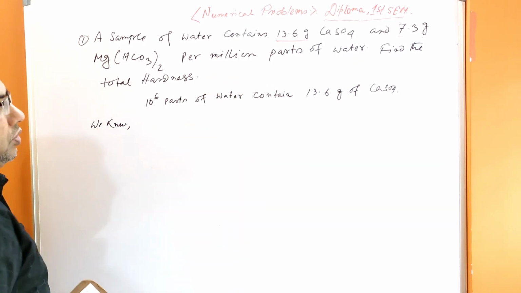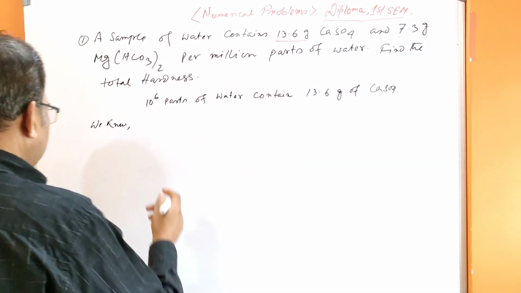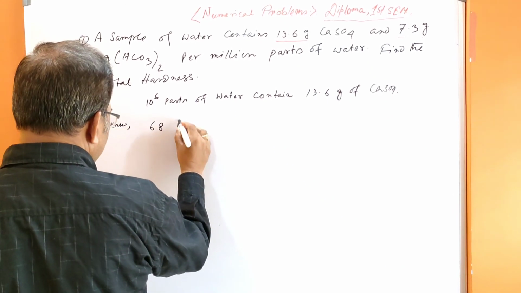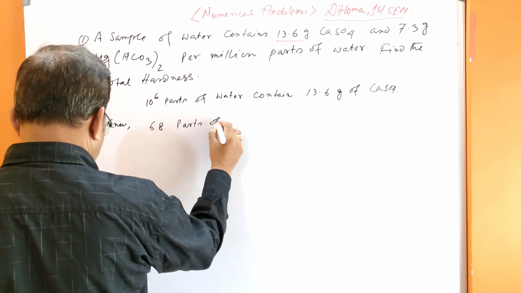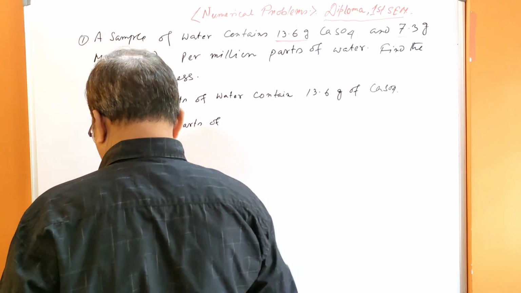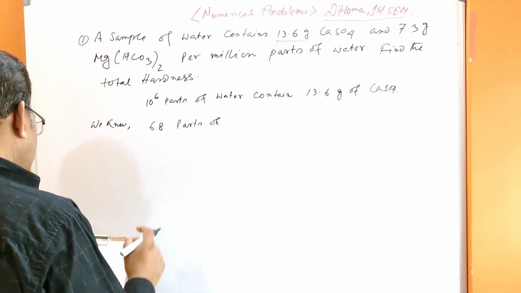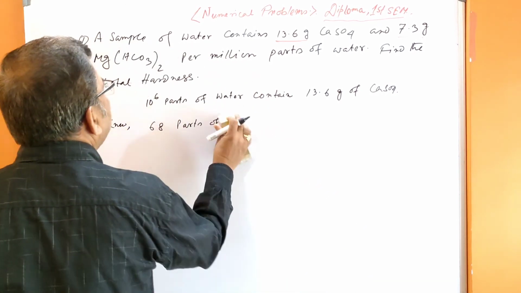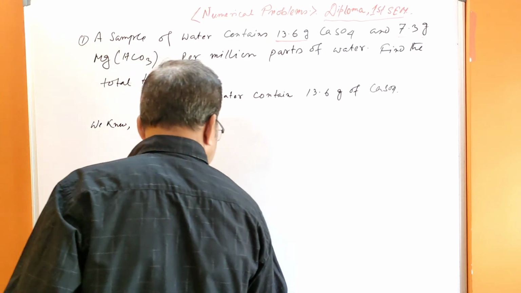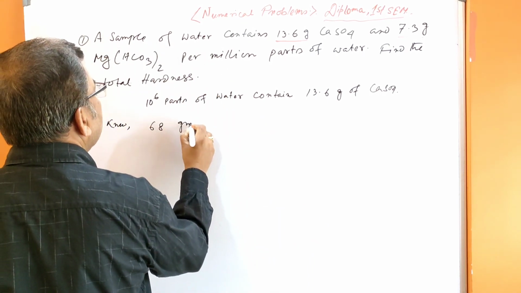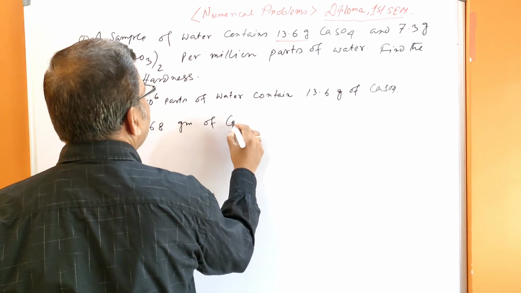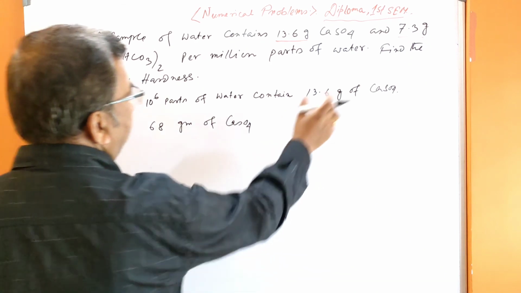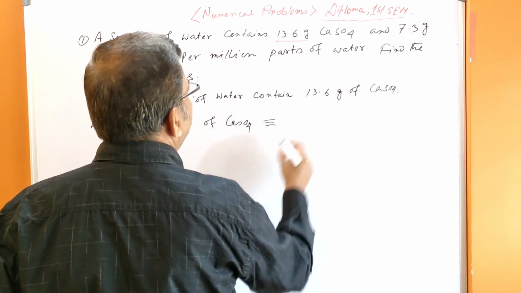So if you simplify it, 136 means 68 parts of water. Sorry, 68 gram of calcium sulfate, equivalent to what?